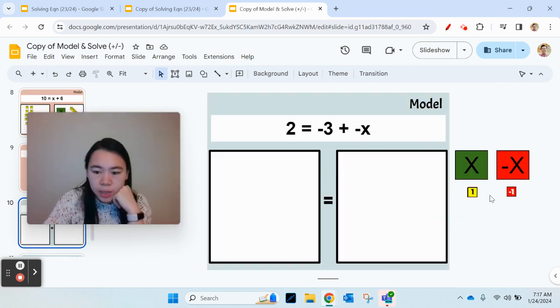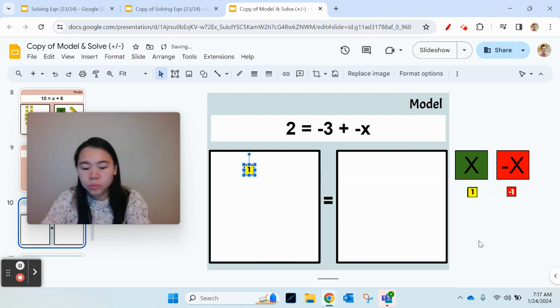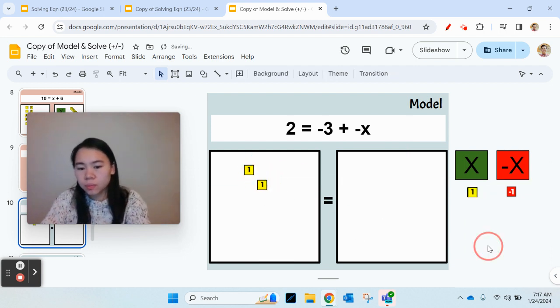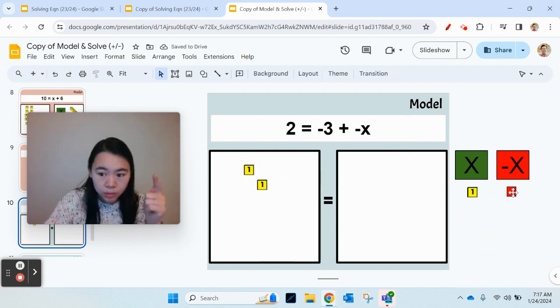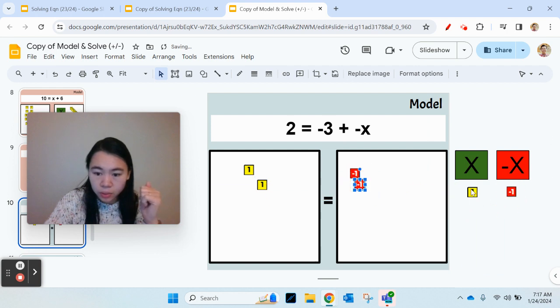Our next one, positive 2. 1, 2. Equals negative 3. This time we're using these negative counters. Negative 1, negative 2, negative 3, and a negative x. So negative 3 and a negative x.